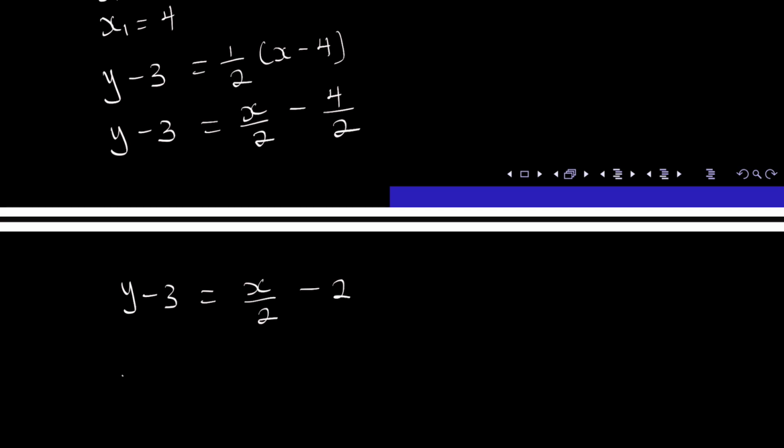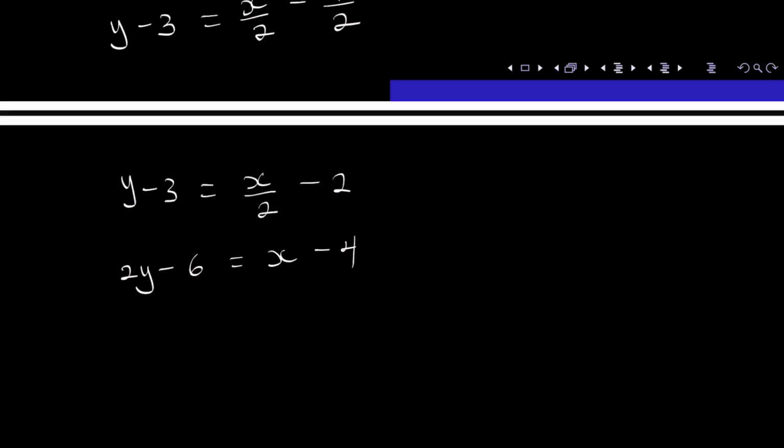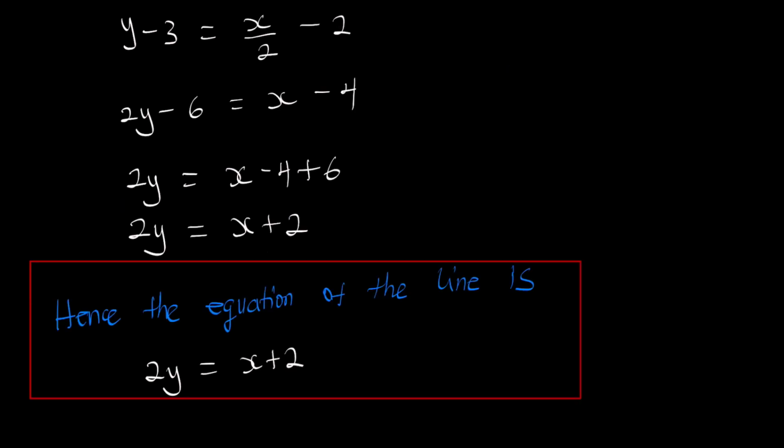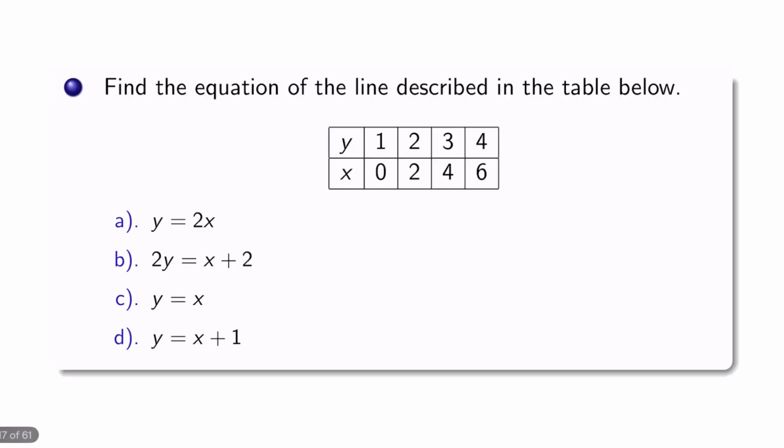So we are going to have 2y minus 6 is equal to x minus 4. Thus, we are going to have 2y is equal to x minus 4 plus 6. So 2y is equal to x plus 2. Hence, the equation of the line is 2y is equal to x plus 2. And so the correct option is option B.